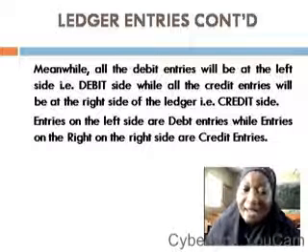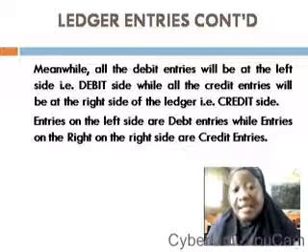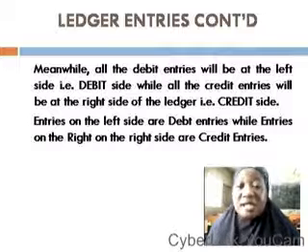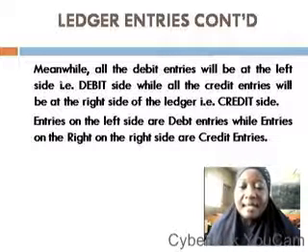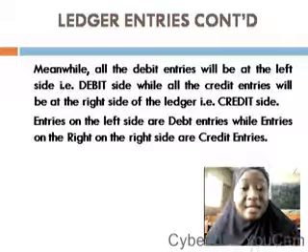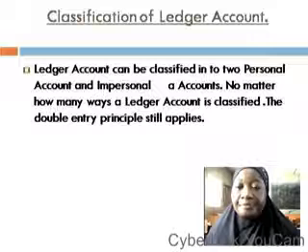Then the credit transaction will be at the credit side. That means it will be at the right side of the ledger account. Entries on the left side are debit entries, while entries on the right side are the credit entries. That is simple posting of ledger account.